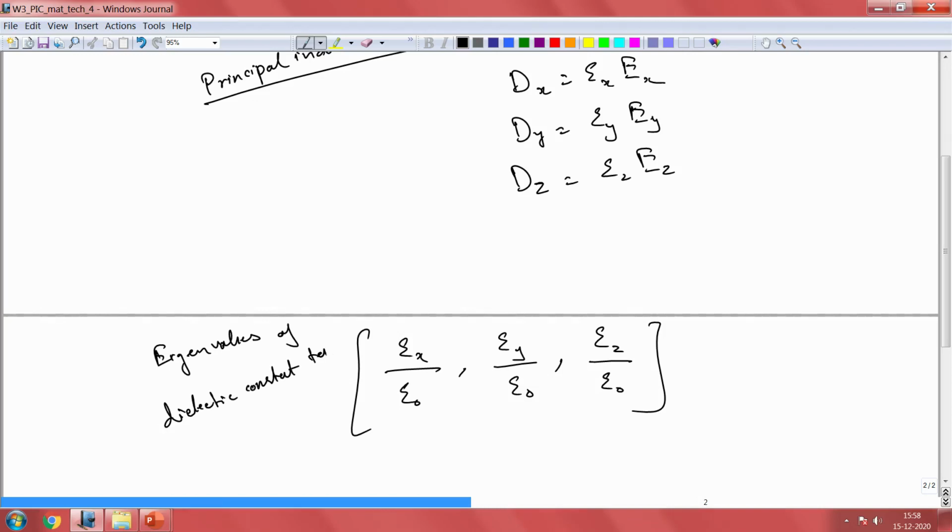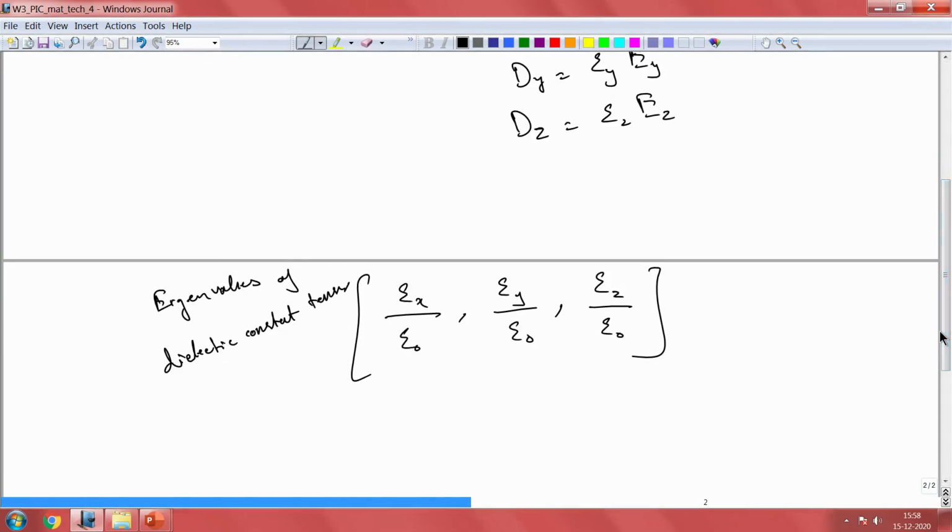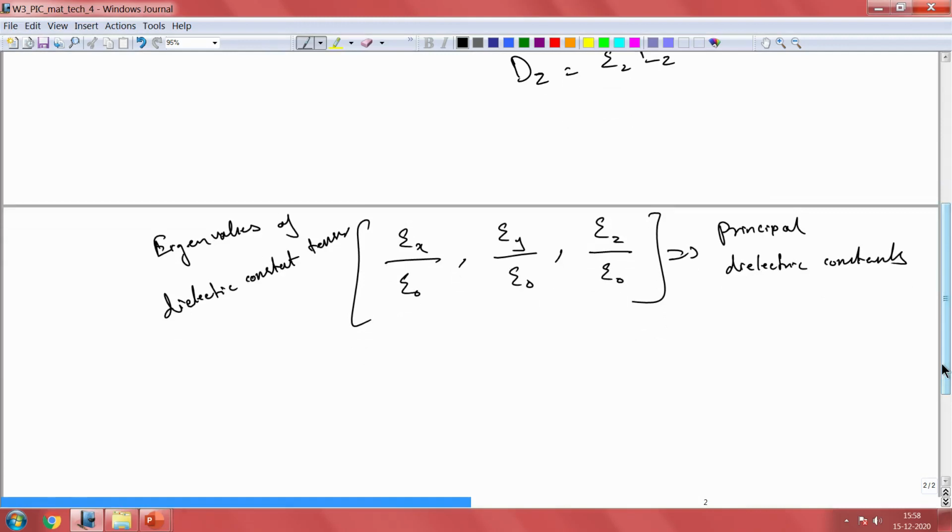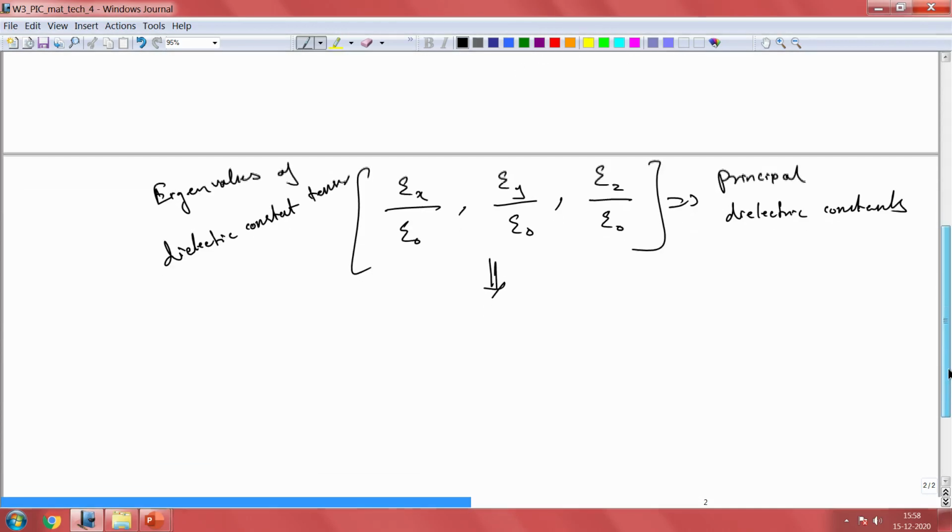And these are all called principal dielectric constants. So the moment you define these principal dielectric constants, you can easily define principal refractive indices.